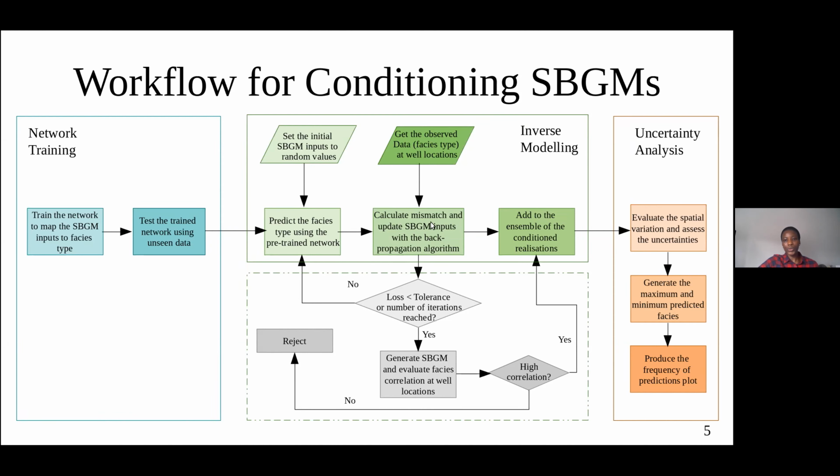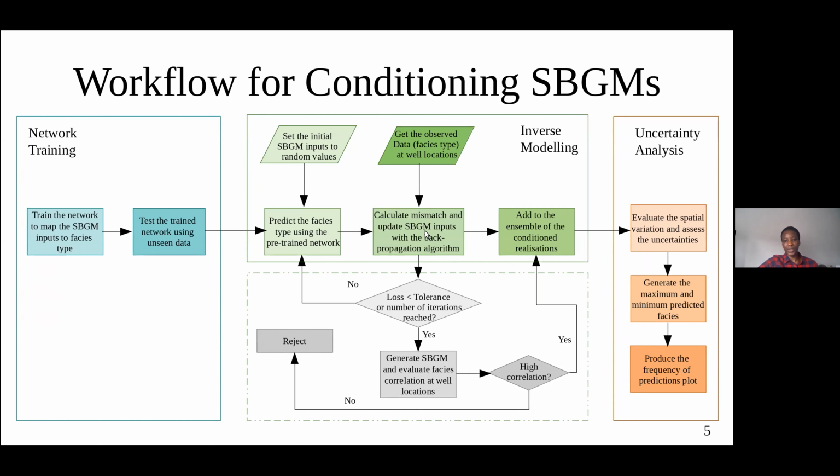And essentially, we do this iteratively, and then we apply other constraints, other criteria, just to evaluate the correlation between our predictions at the well from the pre-trained model and the observed data. So this is just a classic inversion procedure.